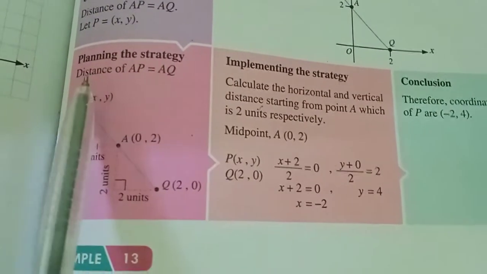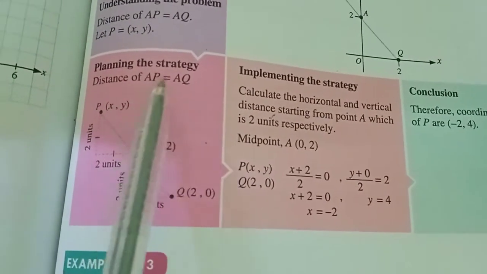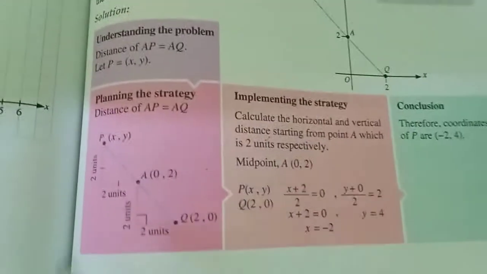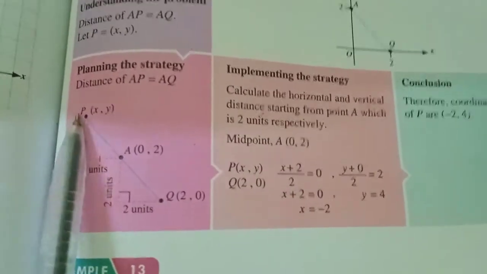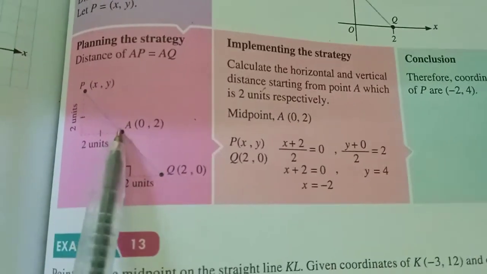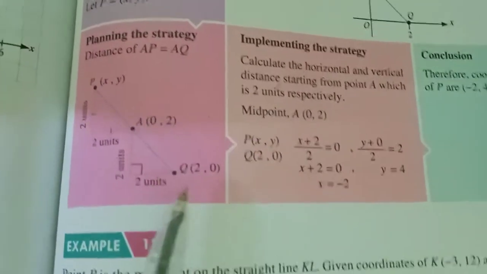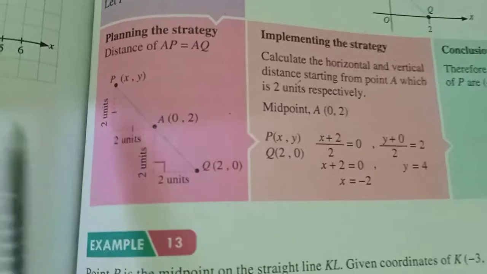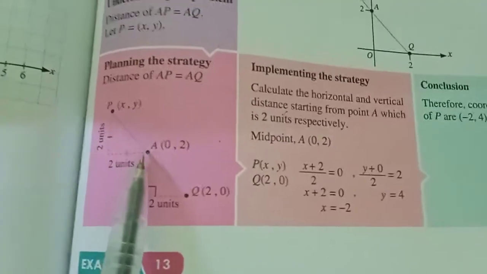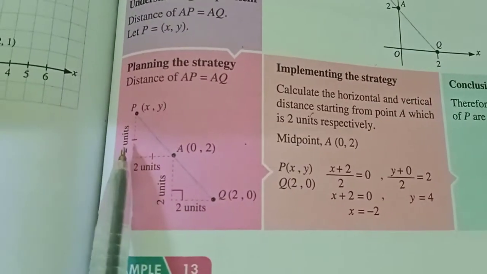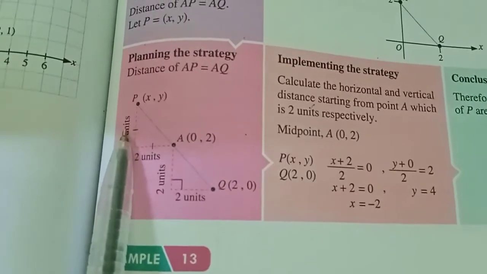Planning the strategy: distance of AP equals AQ. P is (x, y). A is (0, 2). Q is (2, 0). So AP is 2 units.